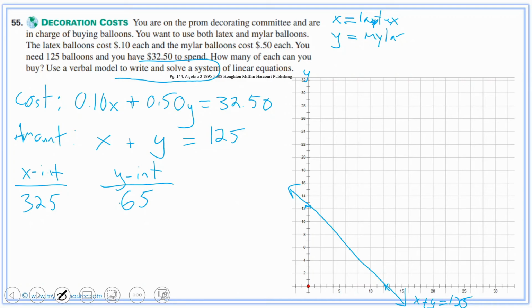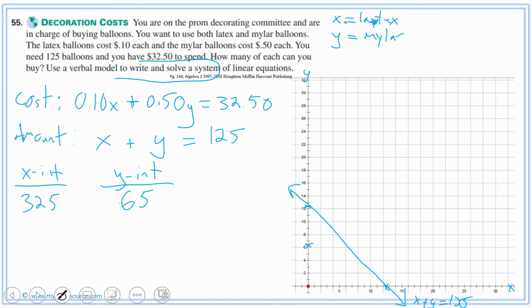So 30, 31, 32, 32.5 would be about here. Okay, and then for my y-intercept, 65 or 6.5 would be about there. That represents 65. All right, so then we're going to connect those two, and hopefully we get a nice connection.